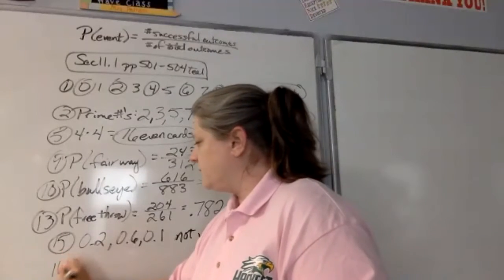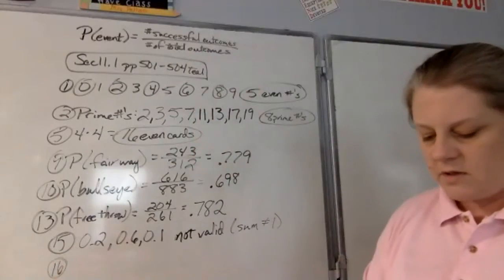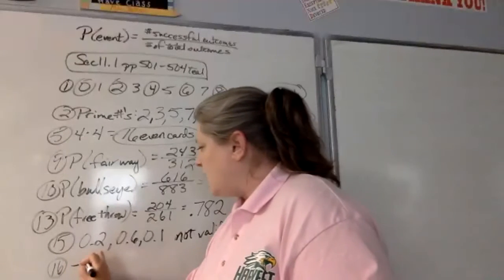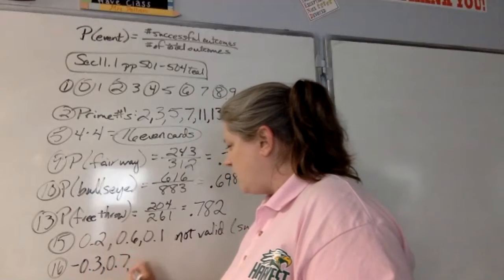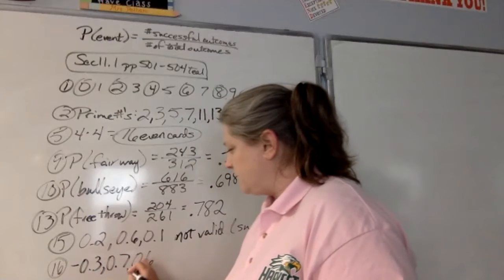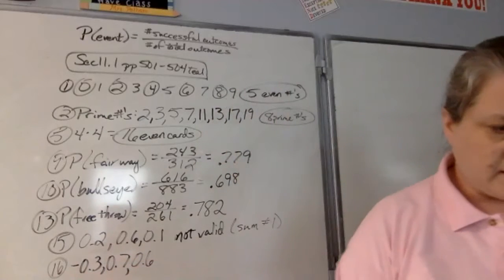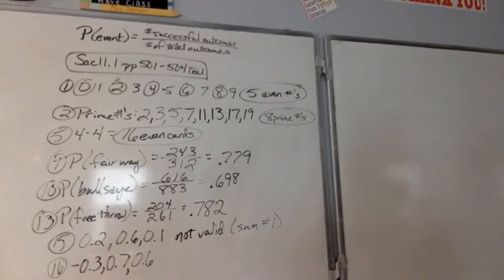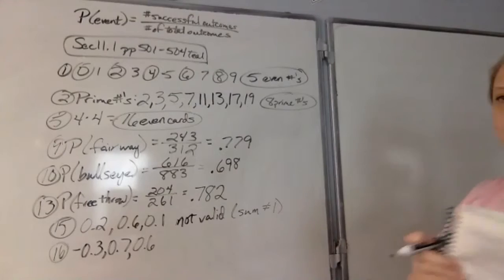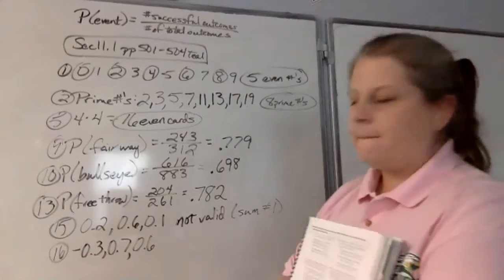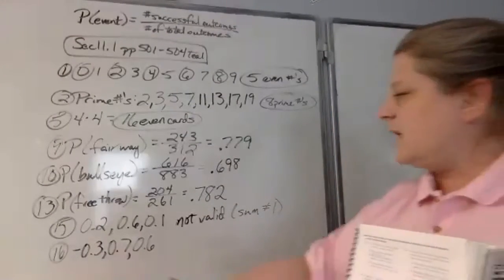Number 16. The numbers that it gave you were negative 0.3, 0.7, 0.6. So, is this one going to be valid, yes or no? No. Why? Because of the negative.